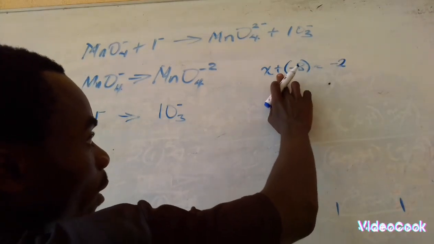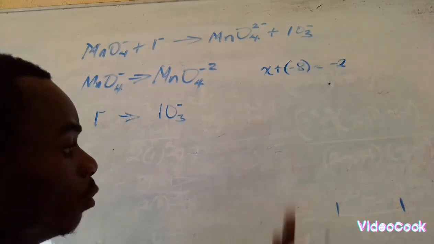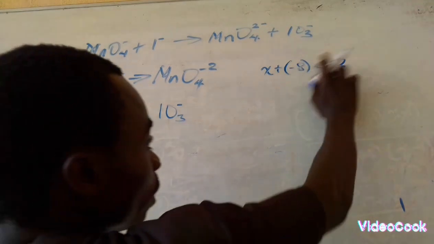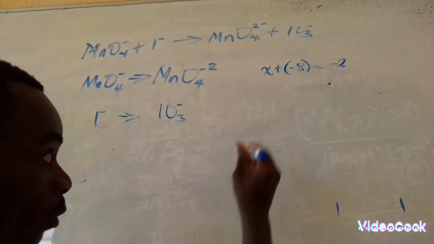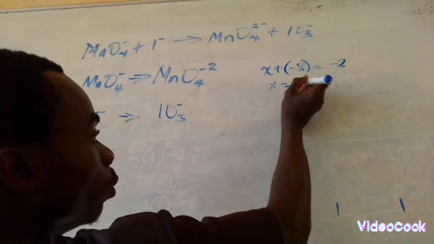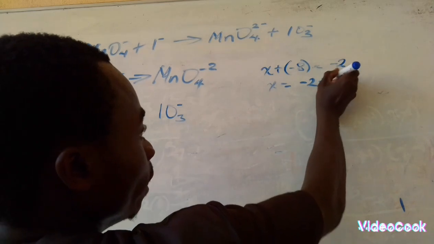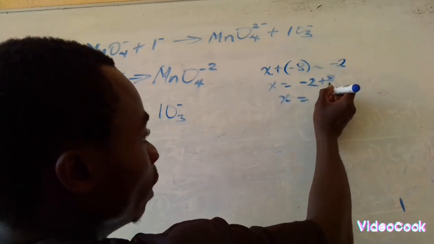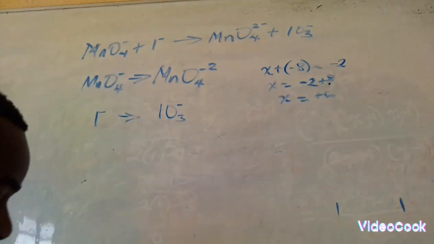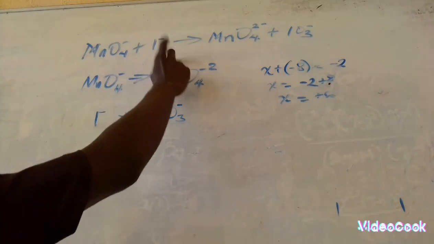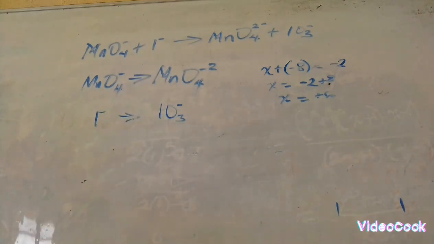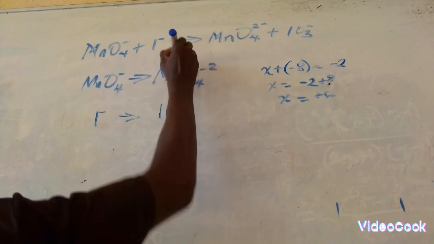When you send it across, it changes to positive. So that means x is going to be equal to negative 2 plus 8. That means x here is going to be plus 6. All right. So over this we're going to have positive 6.